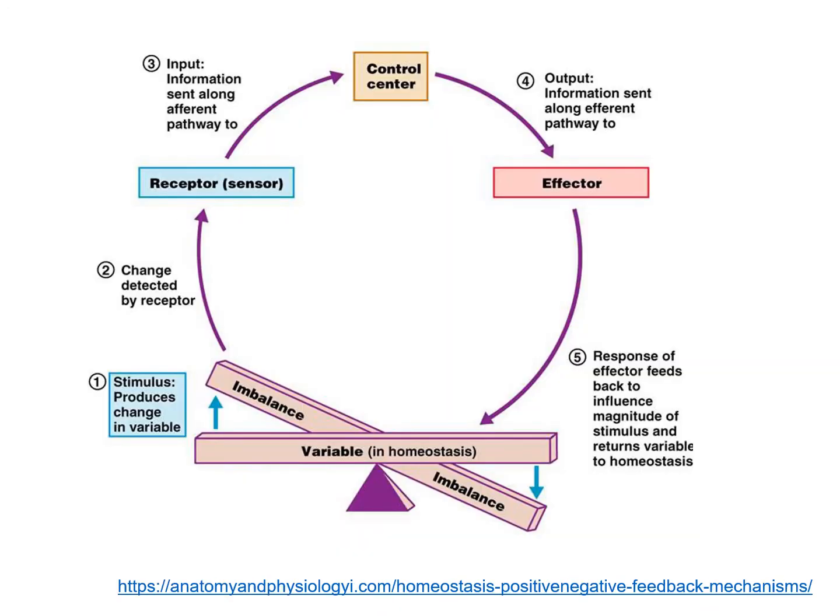So this imbalance may be created due to various different conditions in our body or various different conditions outside our body, such as the environment. In that particular case, there are different mechanisms which can be mapped onto the idea that we talked about, that of a sensor, control system, center and effector, whose overall goal is to make sure that the imbalance is minimized and the balance is restored.